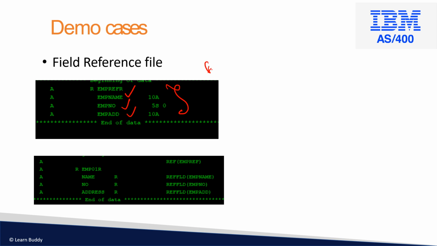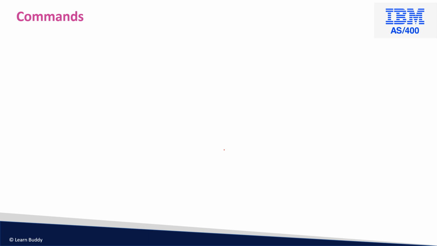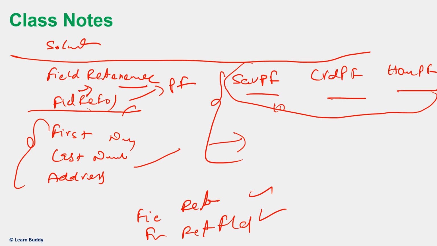Here it is EMPREF, and I want to refer to the length and data type and address from this file. Here I am using REF to say from which file you want to refer and which field you want to refer. So this is the example scenario, and we'll do the exercise. In our case we have an employee file, right? What will we do?